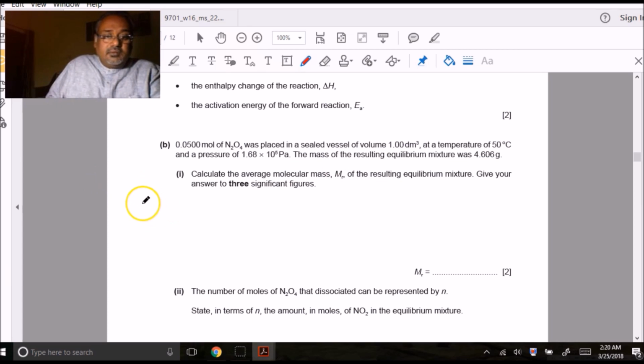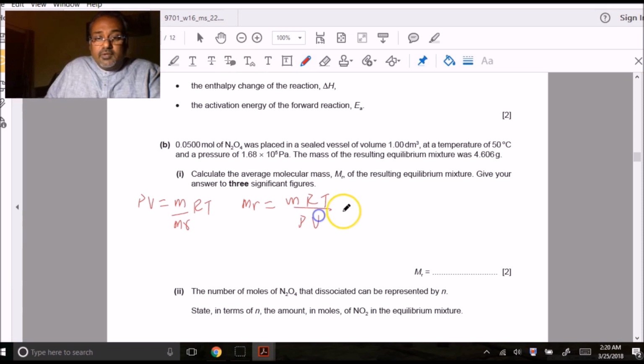You might remember PV equals nRT, but instead of n, I can write m over Mr, RT. Since we have to find Mr, I make Mr the subject. So Mr equals mass times gas constant times temperature, divided by pressure times volume.